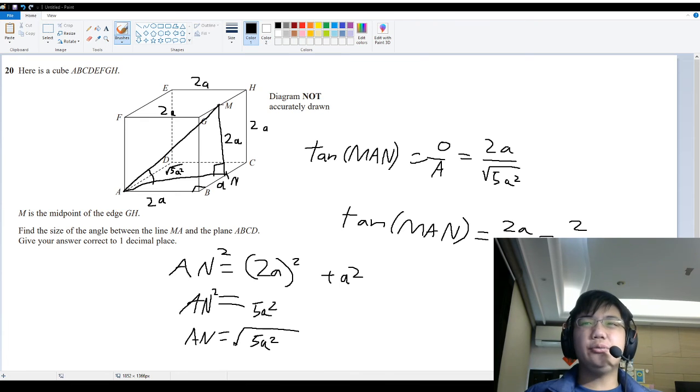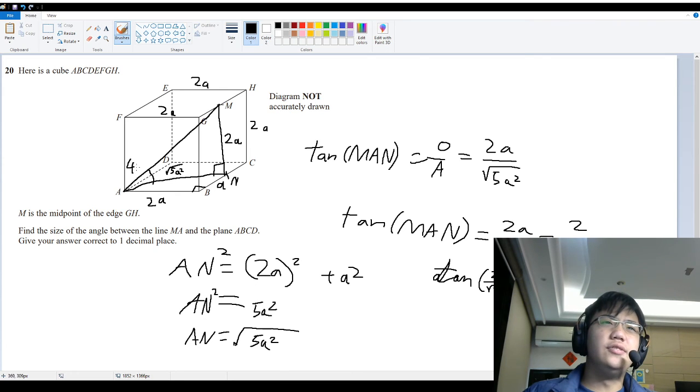The last thing we need to do is, using our calculator, find the arctan of 2 over square root of 5. This should yield you 41.8 degrees, which is the size of this angle here.